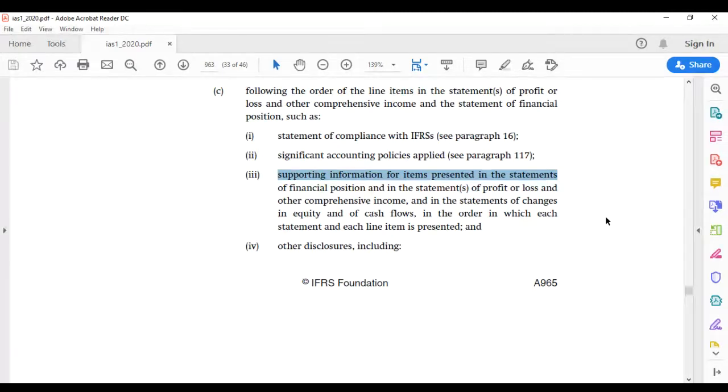You've only got the total for all your property, plant, and equipment. Now you're going to provide further information about that item. So it's going to tell the reader that 5,200,000 rands, that is property, plant, and equipment, consists of the following.